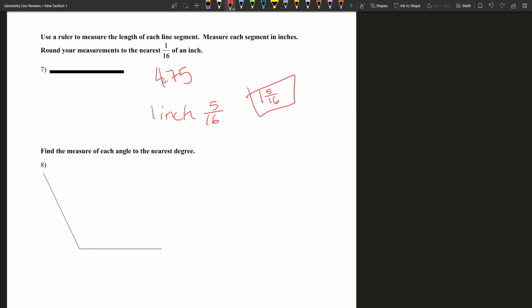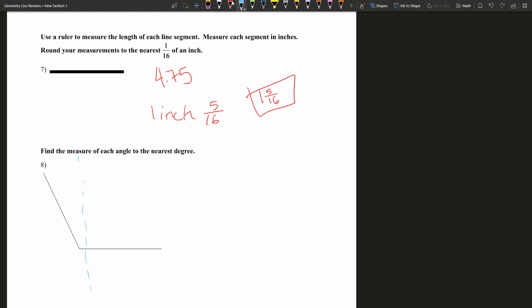For number 8, keep in mind that there are degree measures in both directions on a protractor. All right. So if a degree is greater than 90, you're going to take the bigger measure. All right.